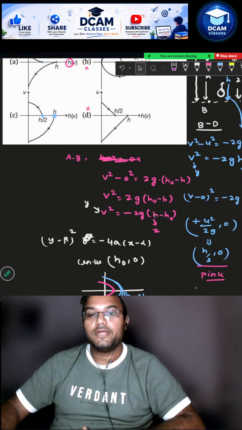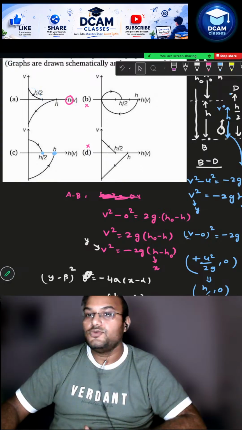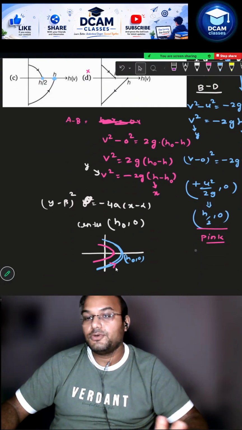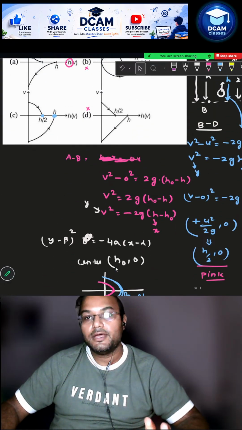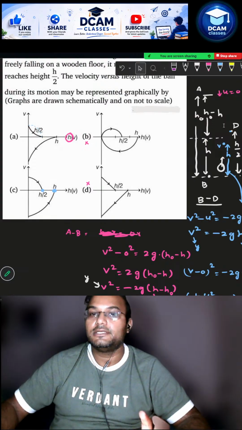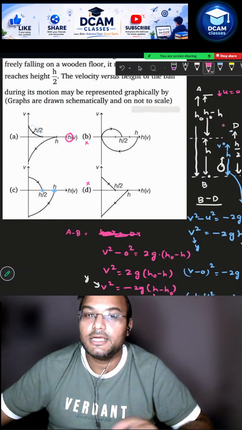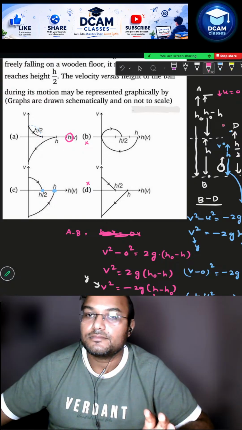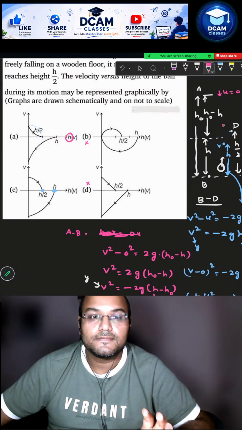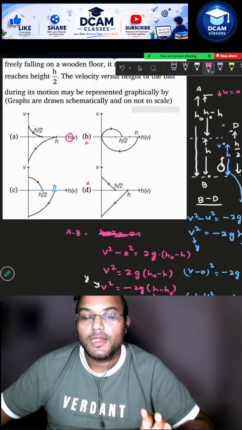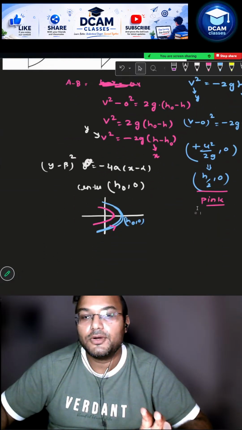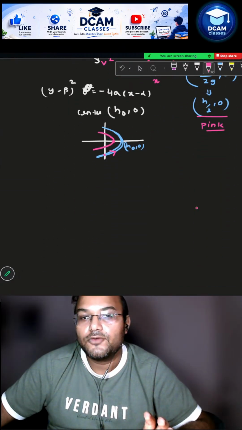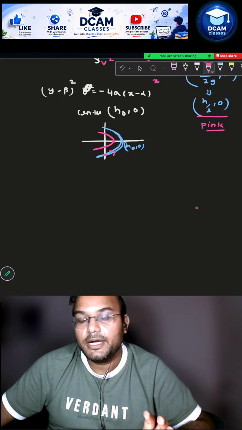But you have to take only that portion of the graph where, see, if you have taken downward direction as positive, because he has taken h as positive. So for the first motion, because the motion has started from here to here, you will be taking this part only.